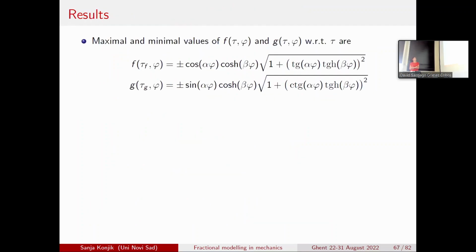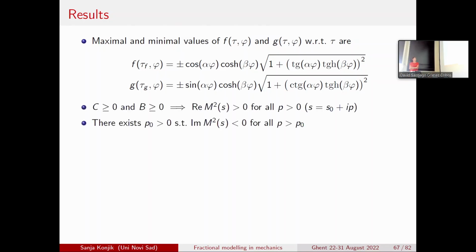And then, okay, the first result is that we have maximal and minimal values of those functions f and g at the points written here. Then, if we assume that the expressions c and b, the ones we saw on the previous slide, are non-negative, then the real part of m squared is non-negative, which is one of the things we wanted.